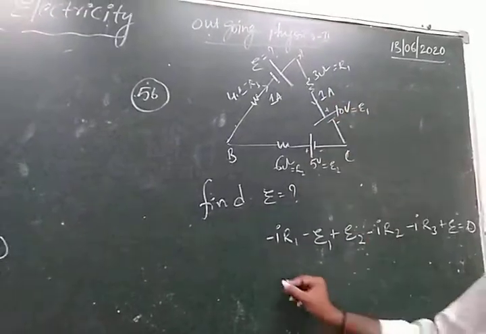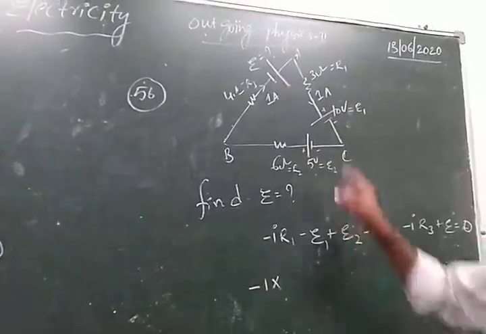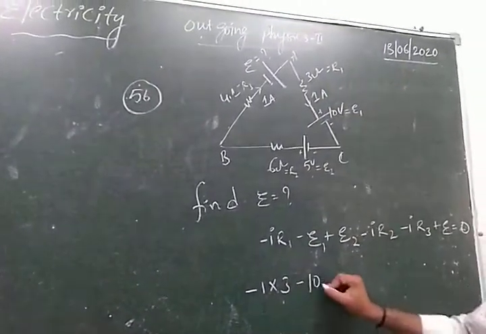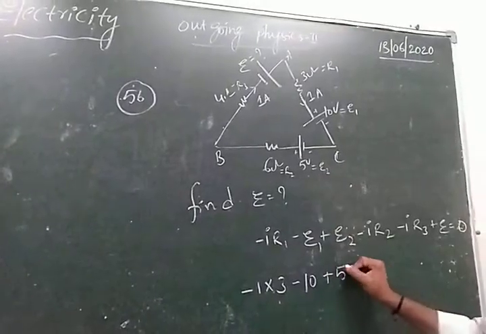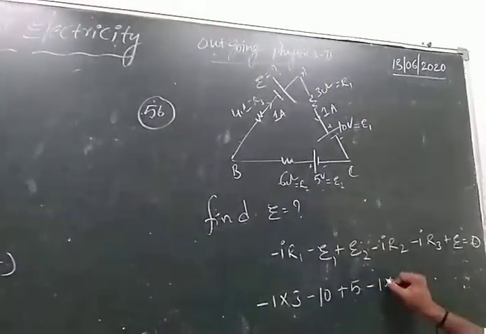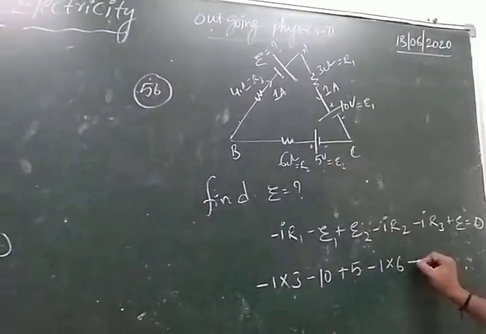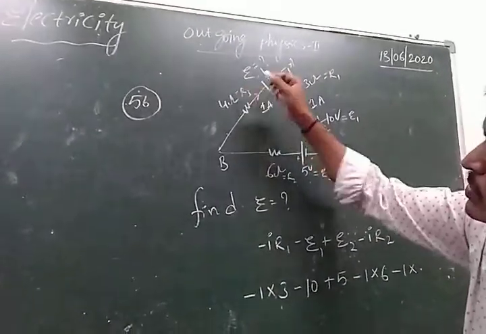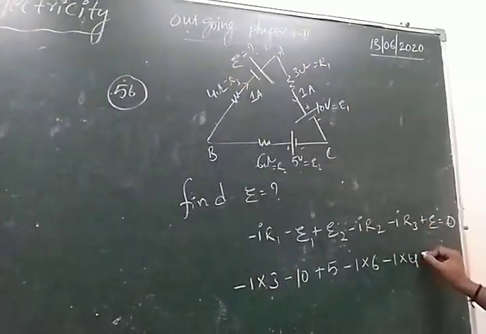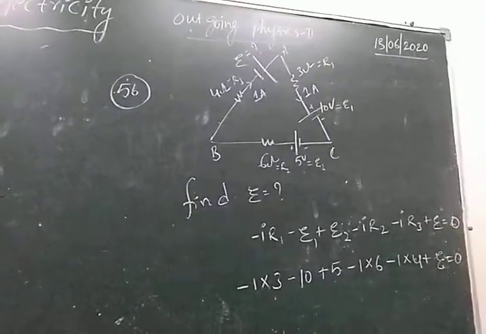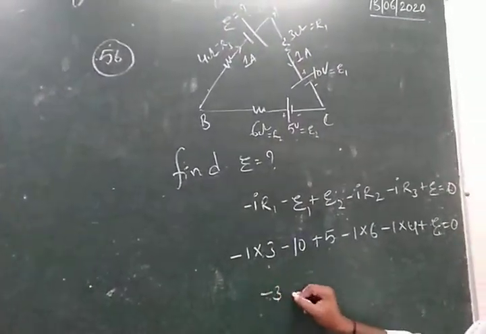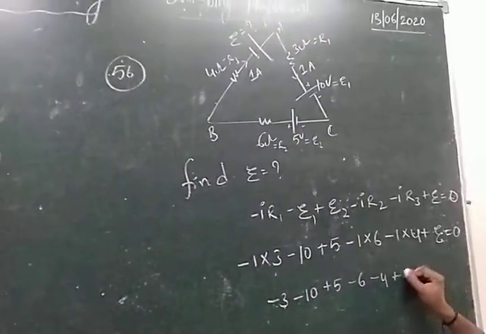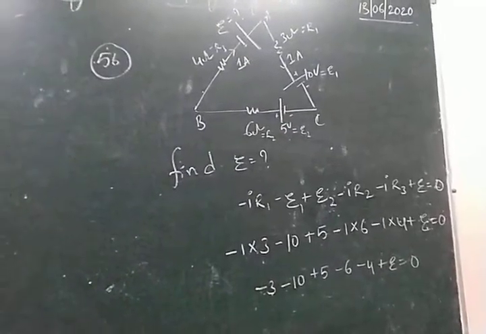Then current is 1 ampere into resistance 3, minus battery 10, plus 5, minus 1 into resistance 6, minus 1 into 4 ohms, plus E, equal to 0. So minus 3 minus 10 plus 5 minus 6 minus 4 plus E is equal to 0.